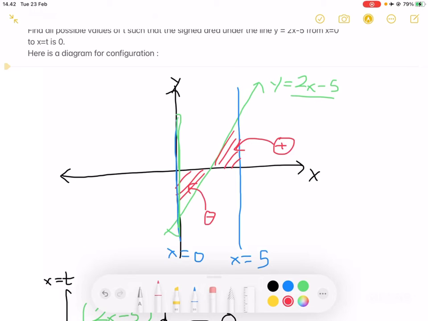For this to be equal to 0, the absolute values of these two areas must be equal to each other. So when you measure the base and the height of each triangle, you'll notice that they're the same. And if you're looking at signed area, these two triangles cancel each other out, and therefore we have 0 signed area.